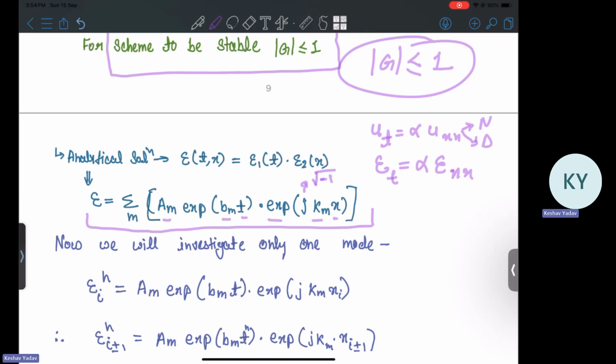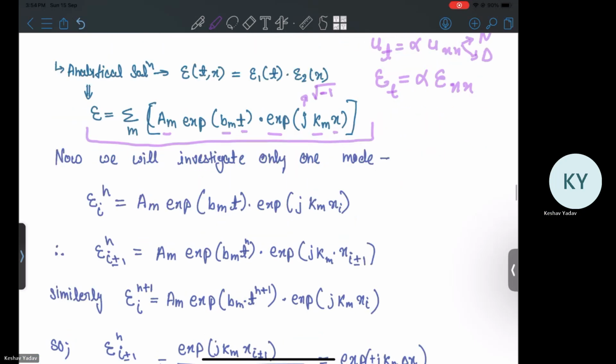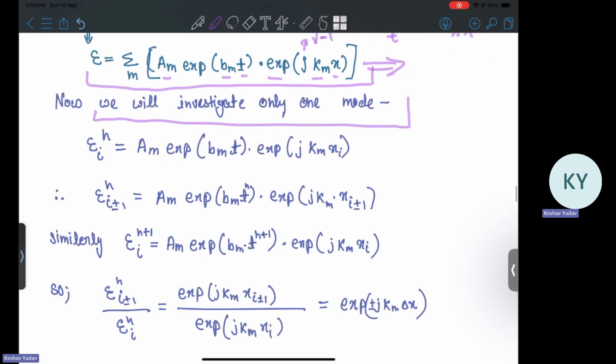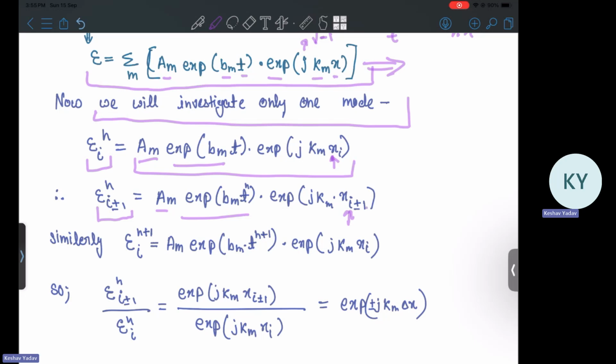It is a summation over m, so it has m number of modes. Now we will take only one mode and do the analysis. Suppose I am considering some mode m. So epsilon_i can be represented like that. Now, if I want to write epsilon_(i plus minus 1) at nth, this term will be the same, this term will be the same, but here x_i will be replaced with x_(i plus minus 1).